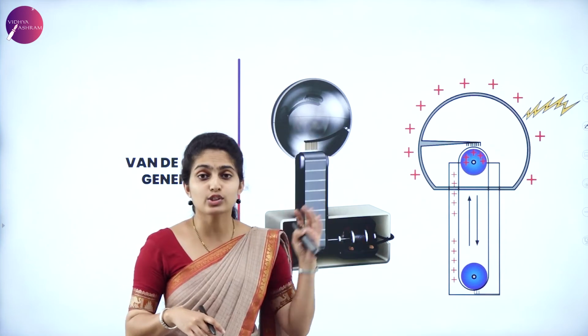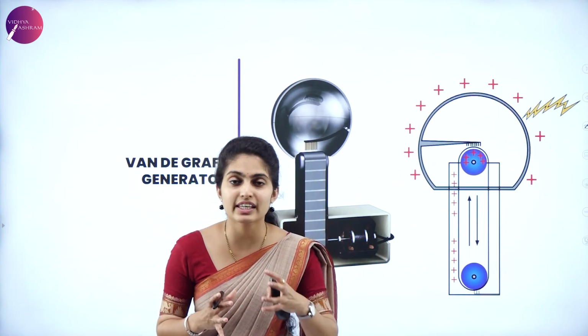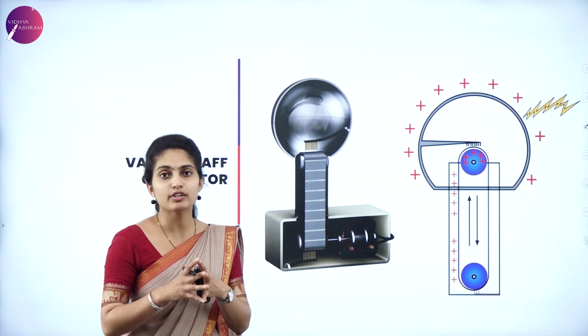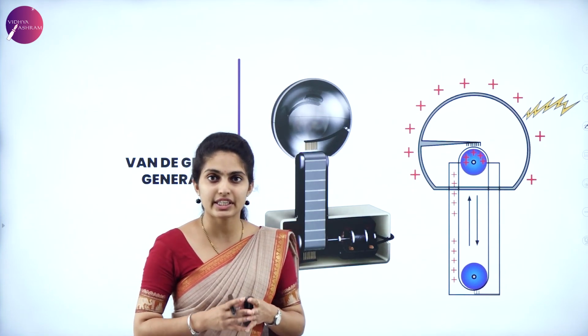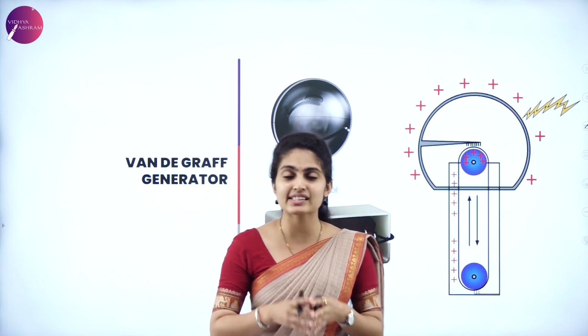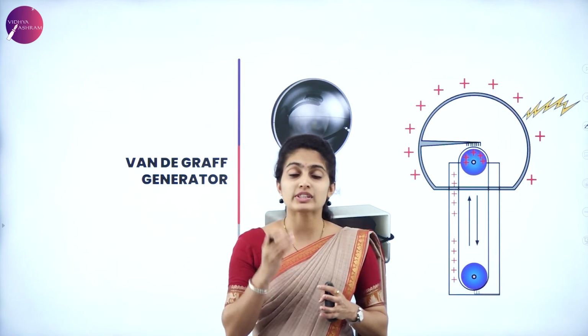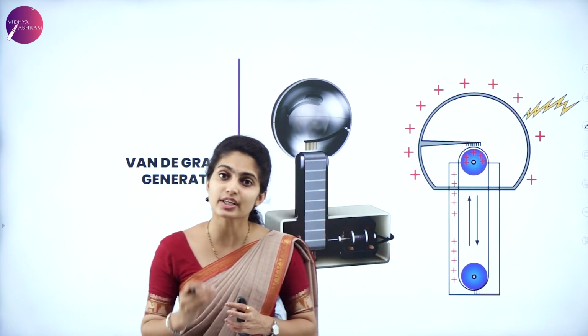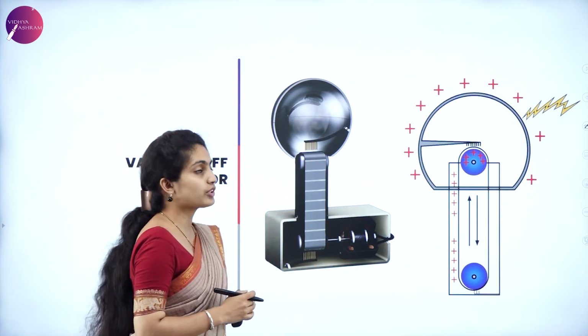It is named after the American physicist Robert J. Van de Graaff, who designed it. It is capable of producing a large static electric potential. Now let us check out its principle.